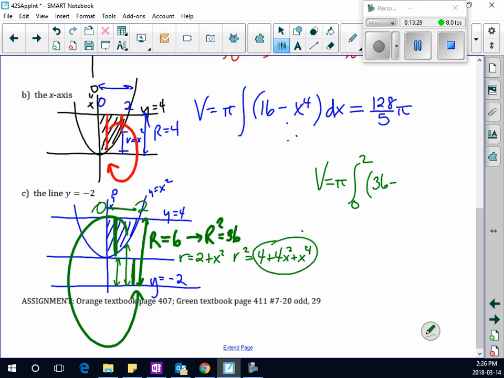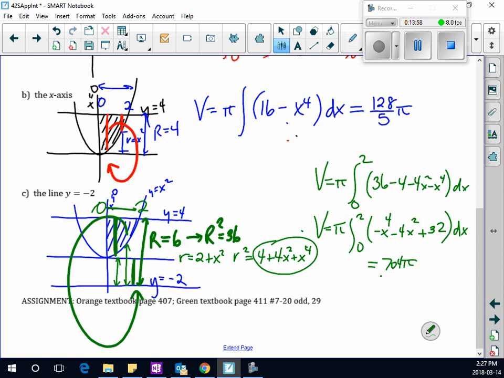So subtract 4x squared, subtract x to the power 4, and that's dx. I'm going to simplify. Volume equals pi from 0 to 2 of negative x to the power 4 minus 4x squared plus 32 dx. And again, for time, I'll give you the answer. It's 704 pi over 15.